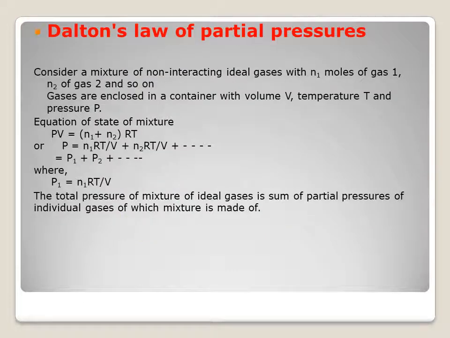Now, what is Dalton's law of partial pressure? We have to solve it in two parts. Consider a mixture of non-reacting ideal gases with n1 moles of gas 1, n2 moles of gas 2, n3 moles of gas 3 and so on, enclosed in a container with volume V, temperature T and pressure P. The equation of state can be written as PV = (n1 + n2)RT.